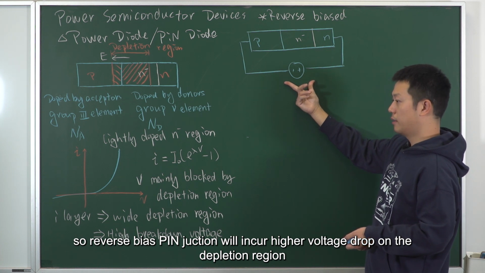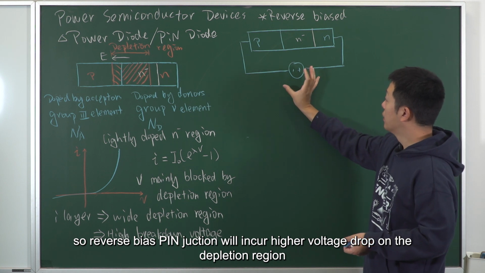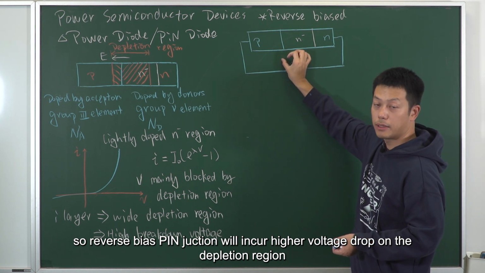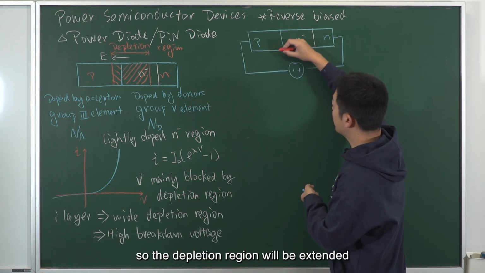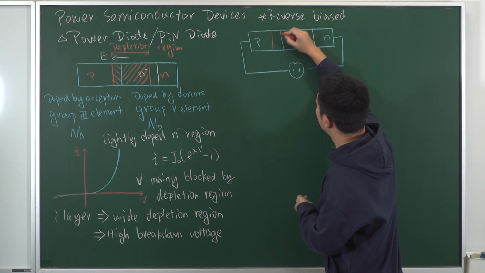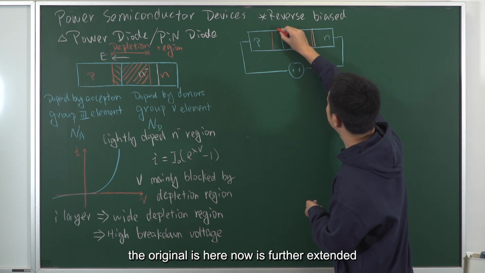So reverse biased PIN junction will incur higher voltage drop on the depletion region, right? So the depletion region will be extended. So originally it's here, now it's extended further.